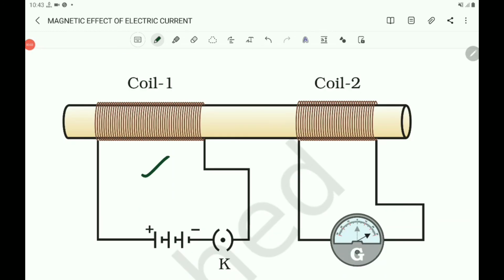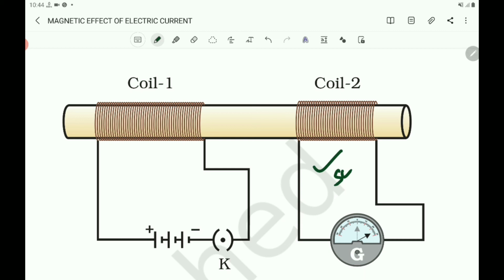As the current in the first coil changes, the magnetic field associated with it also changes. You know that a current carrying conductor produces a magnetic field. As the current changes, the magnetic field associated with that also changes. Thus, the magnetic field lines around the secondary coil also change. Hence, the change in magnetic field lines associated with the secondary coil is the cause of induced electric current in it.